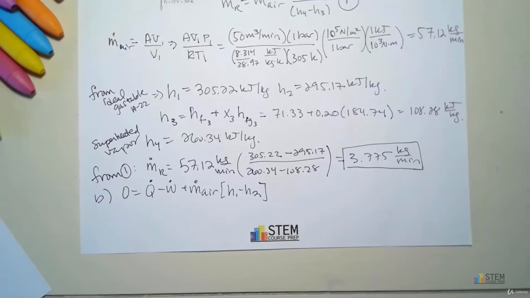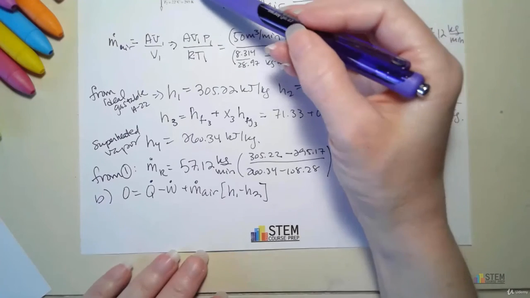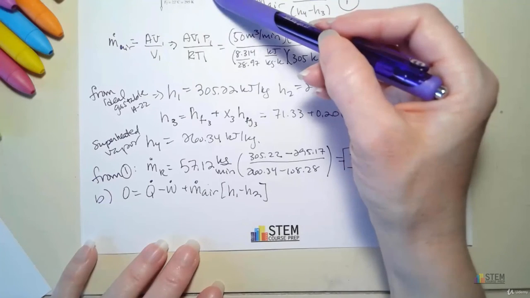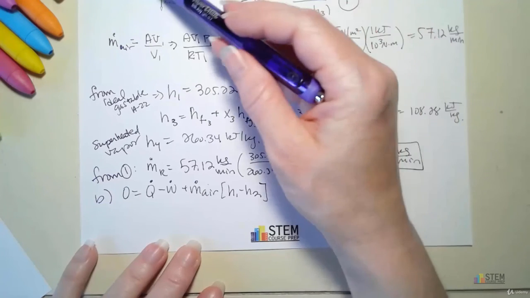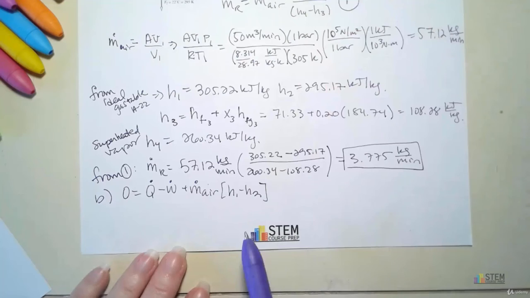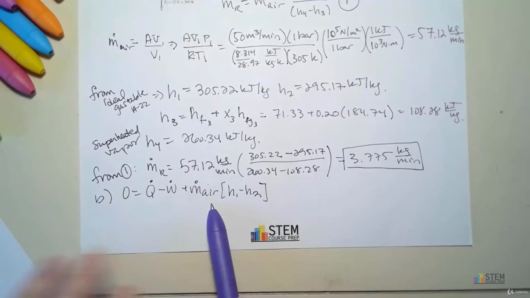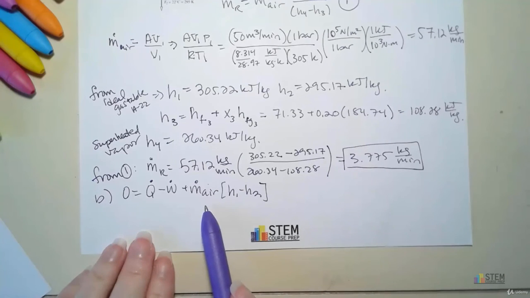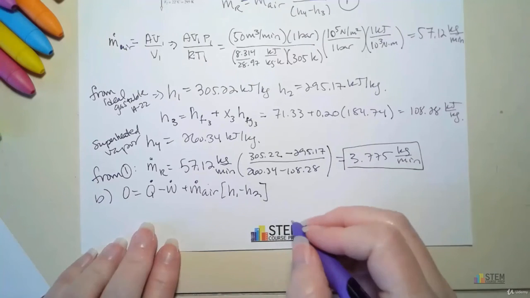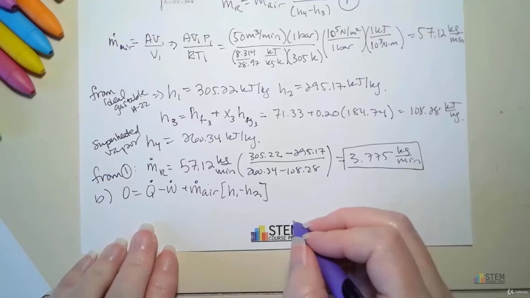You have two different ways of doing that. You could either use your MR dot equation and use H3 and H4, or you could have a control volume that just contains the air. So either way you want to do it. So I'm going to go ahead and use M dot air because I already have it worked out that way. So let's switch to that. If you wanted to do it the other way, you would just have MR dot and then you'd have your H3 and your H4. Okay. And you should get a similar thing.